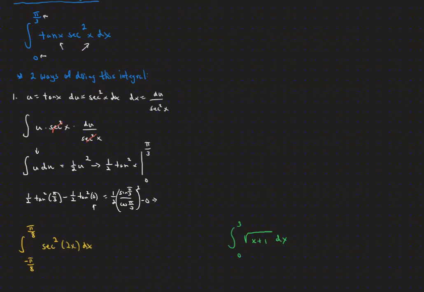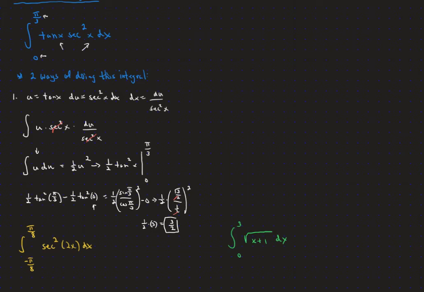Well, let's see what we've got. 1/2, the sine of pi over 3 is going to be square root of 3 over 2. The cosine of pi over 3 is 1/2, and then we're going to square that. So that's going to be 1/2, and the 2's are going to cancel. Square root of 3 squared is going to be 3, and so our final answer is going to be 3/2.